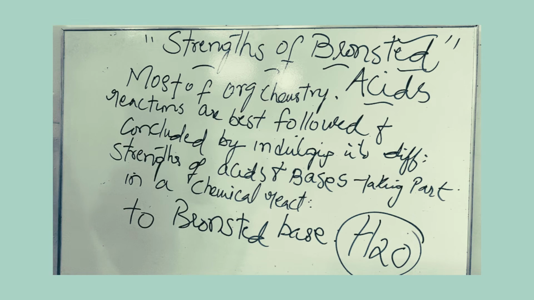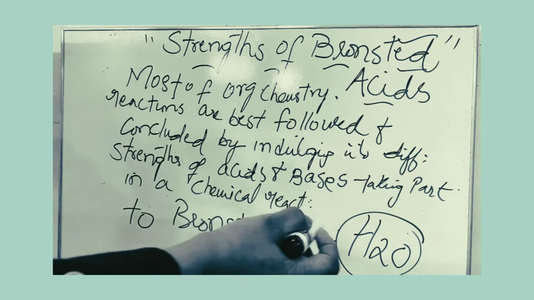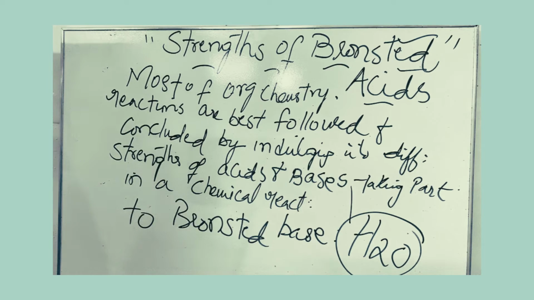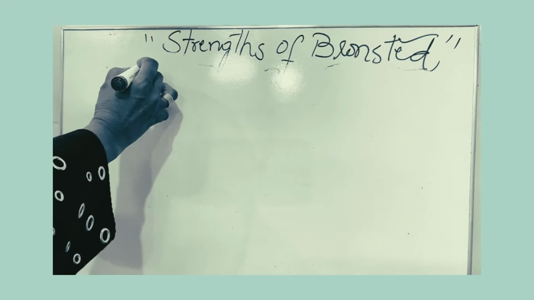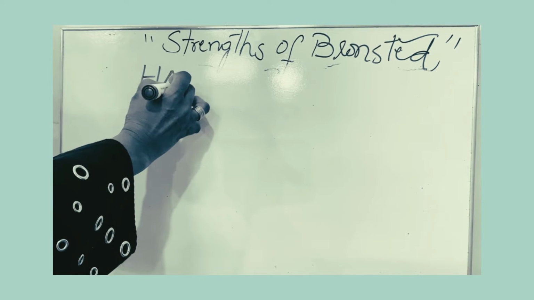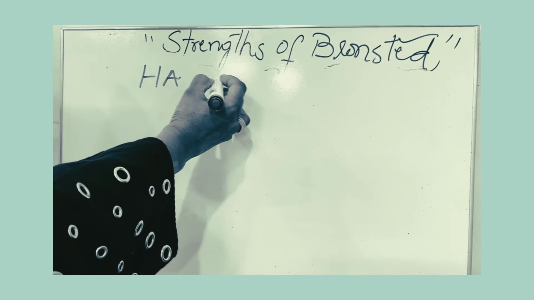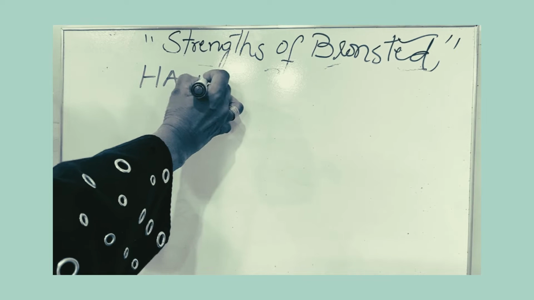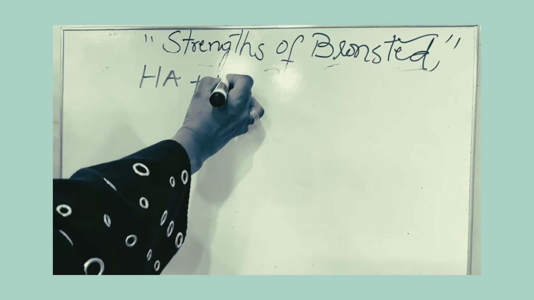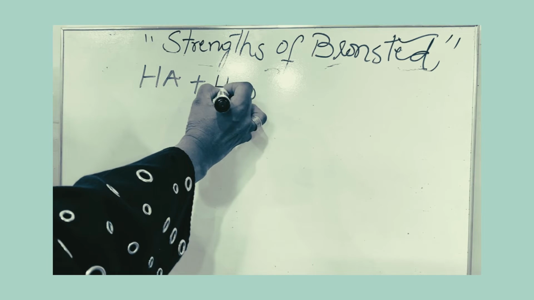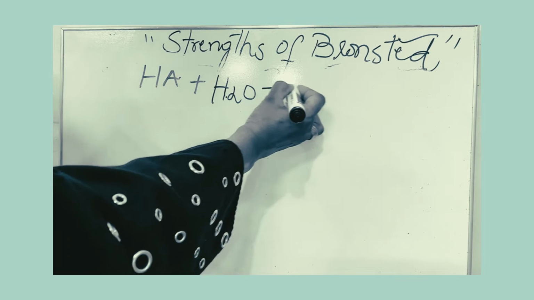from an acid to a base, that is water, takes place in a state of equilibrium. Now here, as I've just said, HA is an acid plus this base, that is water, in the equilibrium state.